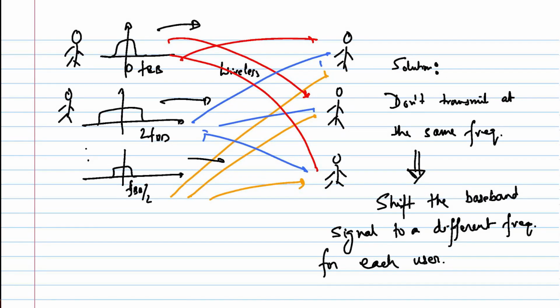So now, given that we have seen how to move frequencies from one point to another in the frequency spectrum, how can we do that? Easy peasy. We basically need to multiply with the complex exponentials, right?